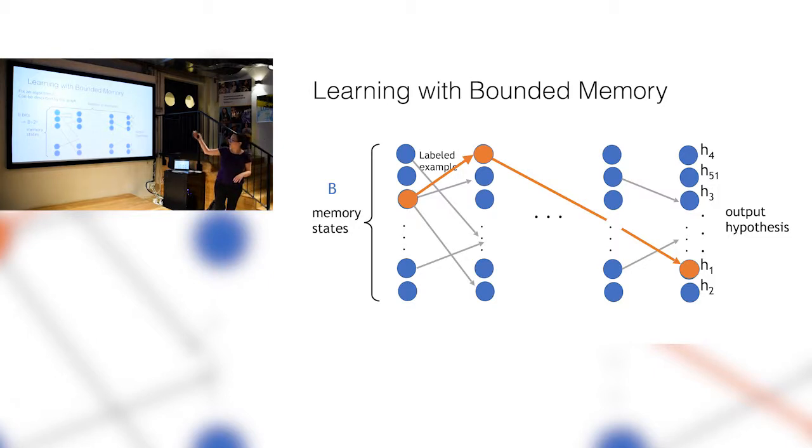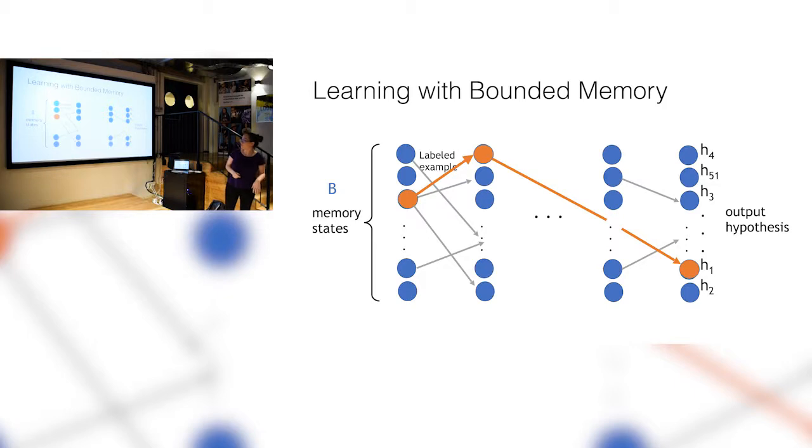On this axis are the memory states, and on this axis is the number of examples. Let's just make sure that we understand this concept. What I've described right now is a way to look at the entire algorithm as a graph. What does one run of the algorithm look like?